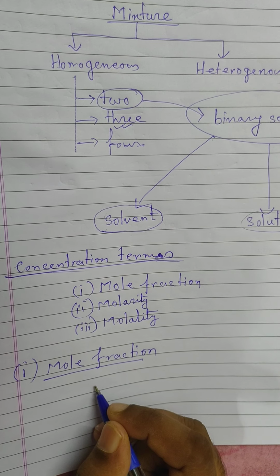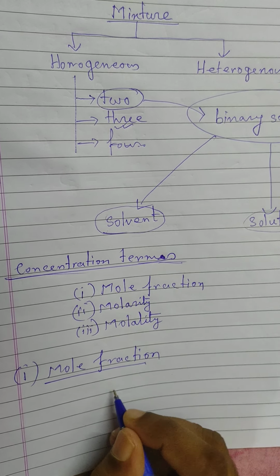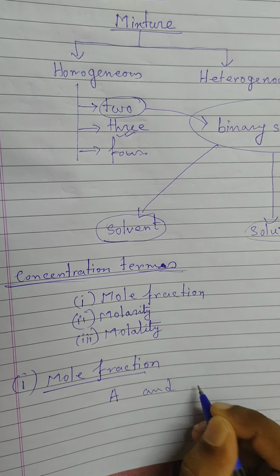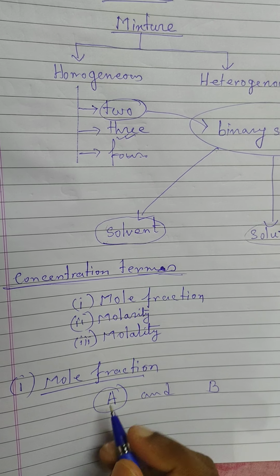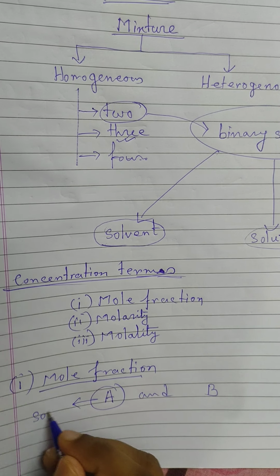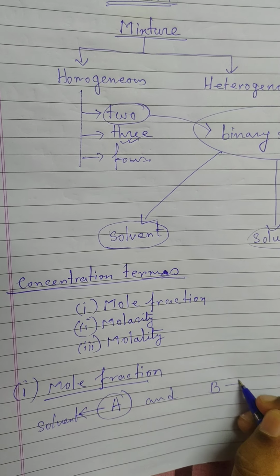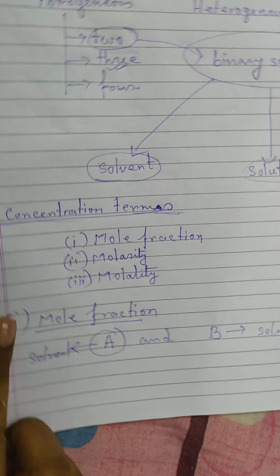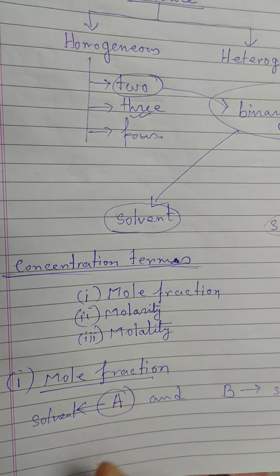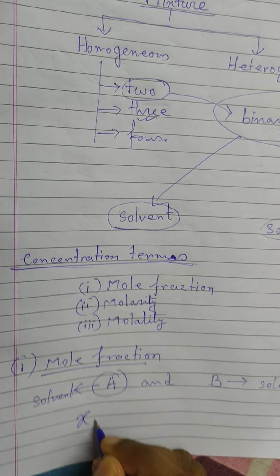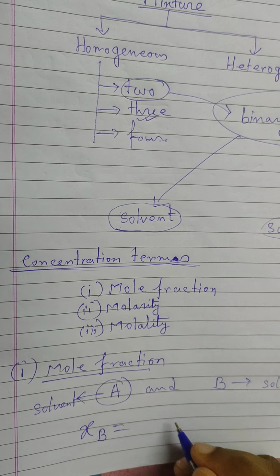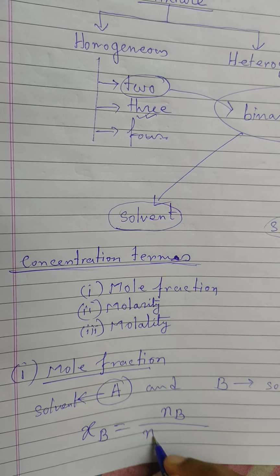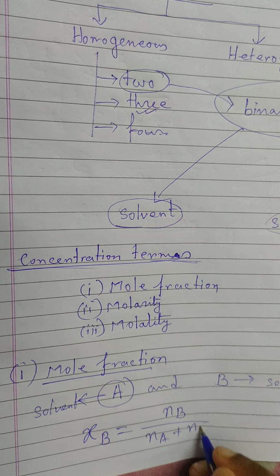Suppose a binary solution is made up of two components, A and B. Let us say that A is the solvent and B is the solute. If we are trying to find the mole fraction of B, it will be the number of moles of B divided by the total number of moles, that is Na plus Nb.